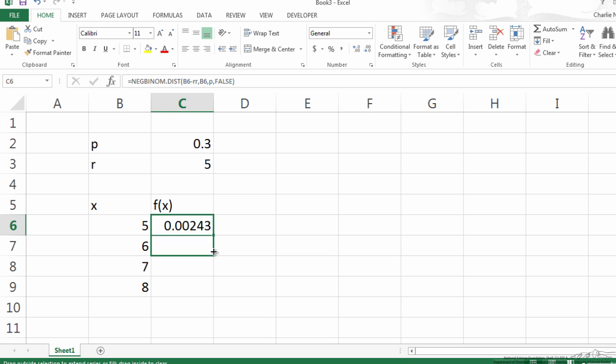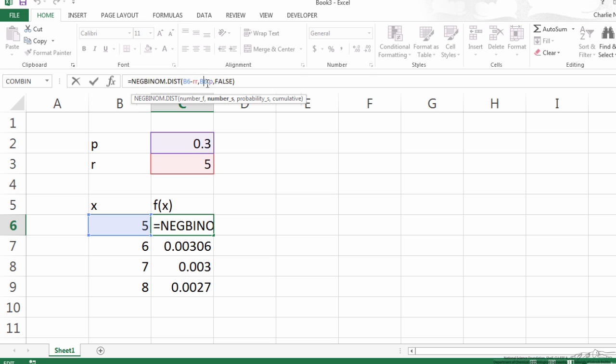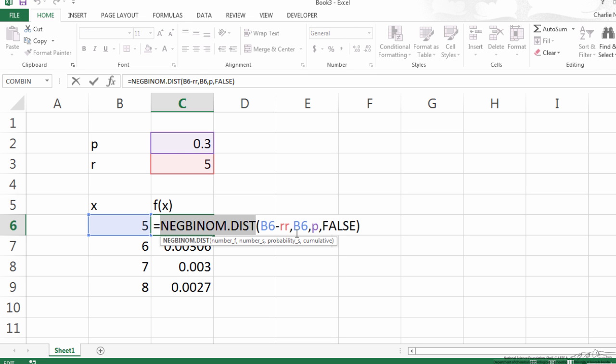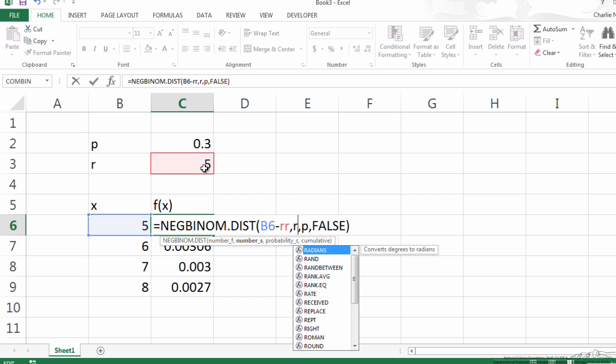Now I can drag this down. This will be what's the probability that we sell out exactly on the 6th house, on the 7th house, on the 8th house. I did make one error in the number of successes here. Instead of being B6, that's not the number of trials, this is the number of successes, and that should be RR.